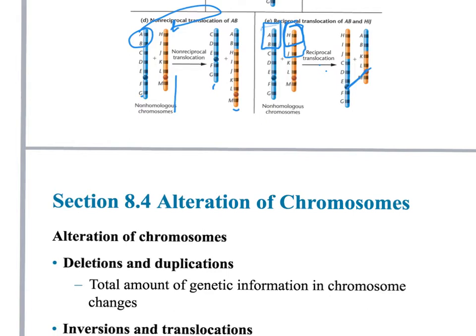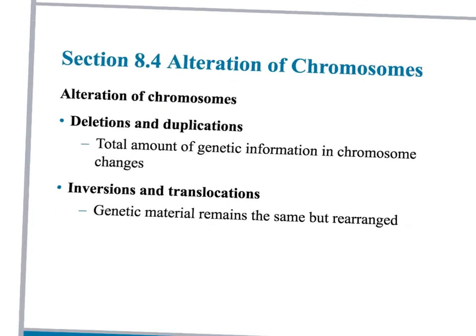Even when they are sister chromatids, they're just rearranging where the alleles show up. But here, they're two different chromosomes. They're not homologous, so they have different genetic information on them. So it completely changes the genetic makeup of each chromosome, because what was originally at locus 5 now has something else at that locus.